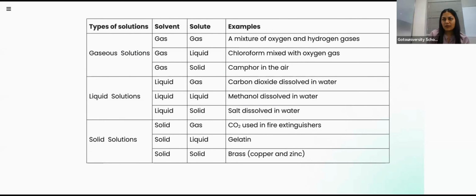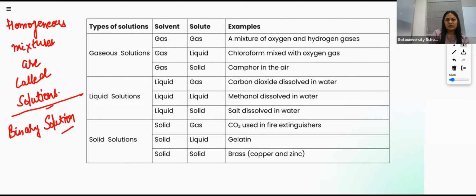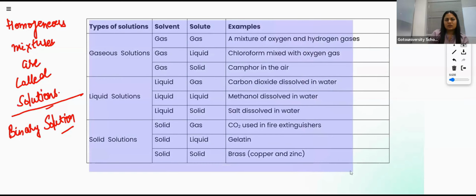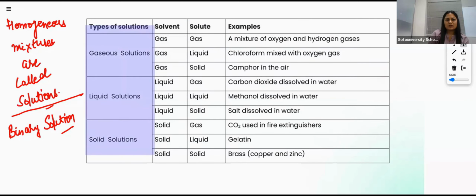Next, we are moving to the types of solution, which is the main topic of our chapter. Basically, there are three types of solutions: gaseous solution, liquid solution, and solid solution, right? In this chapter, we are going to study binary solutions only. Before starting with this, let me clear up what a solvent is and what a solute is.